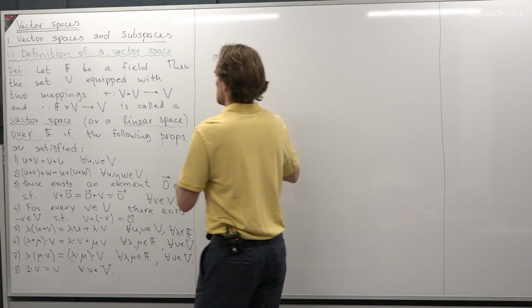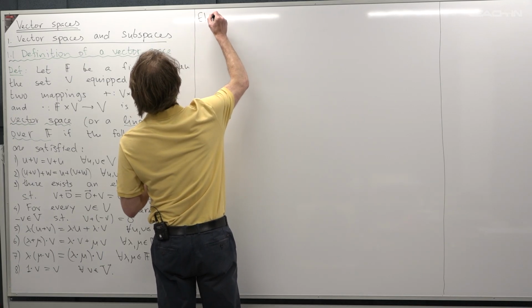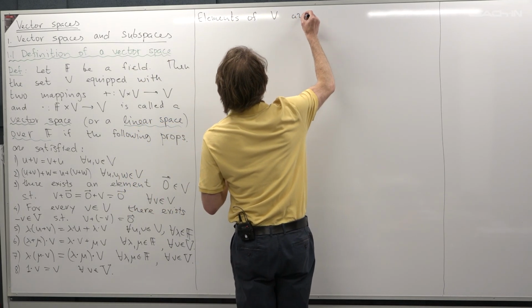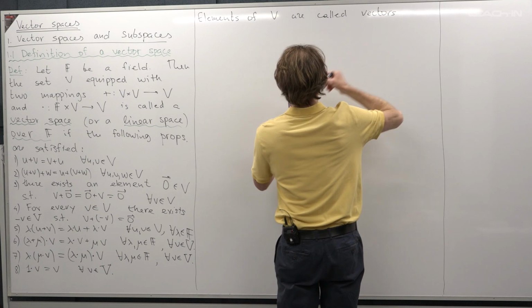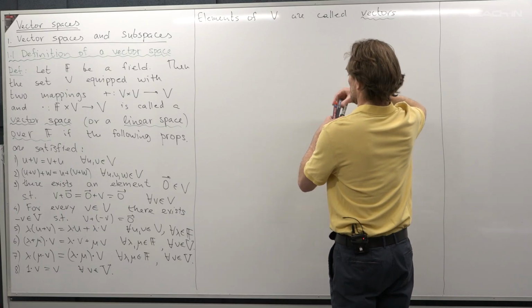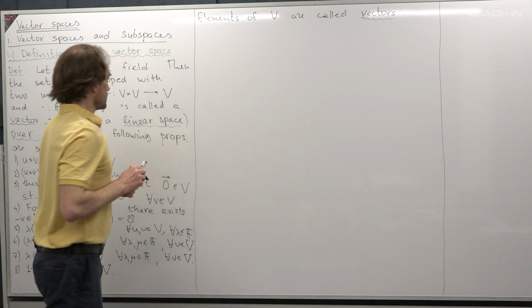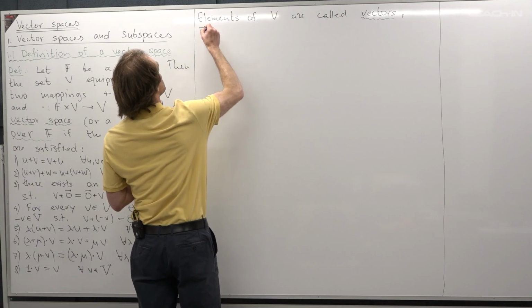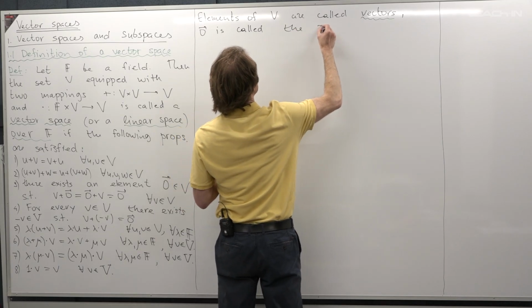I will just add into this definition that elements of V are called vectors. Then this 0 is called the zero vector.